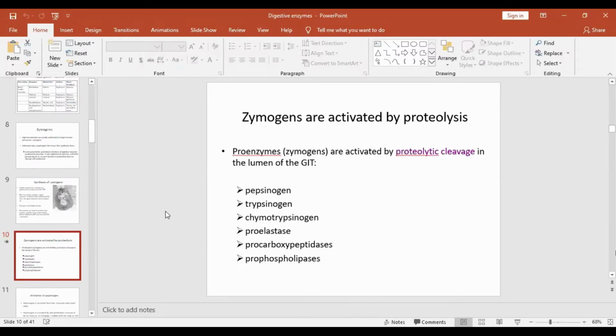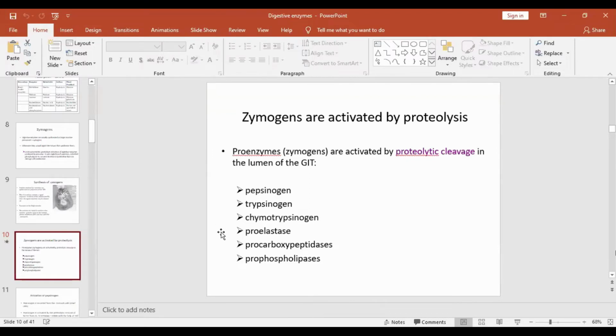Examples of these zymogens are pepsinogen, trypsinogen, chymotrypsinogen, proelastase, procarboxypeptidase, and prophospholipase. These are examples of proenzymes. Proenzymes or zymogens are synthesized in their inactive form.